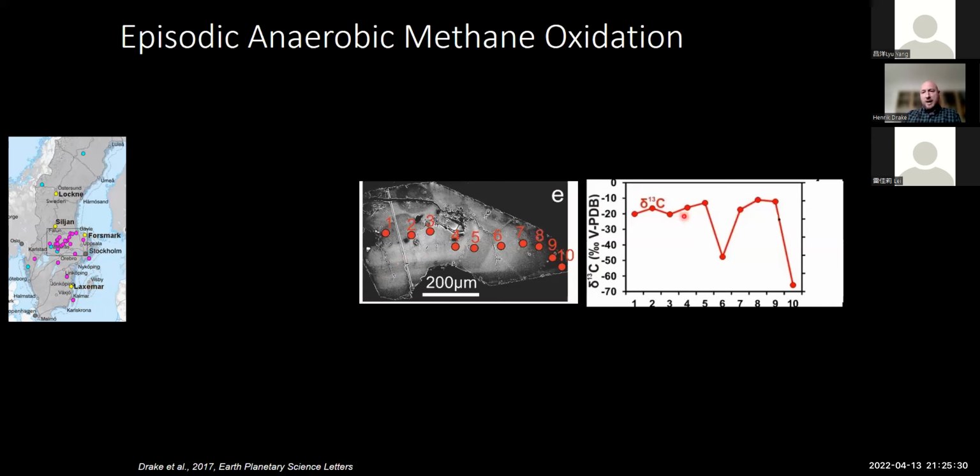We also have these spikes sometimes on different occasions, such as spot number 6 and 10 in this case, which have depleted values that are methane oxidation related, whereas the others are not. So with time in a crystal like this, almost like tree rings, but in crystals of calcium carbonate, we can actually have different metabolisms reflected.